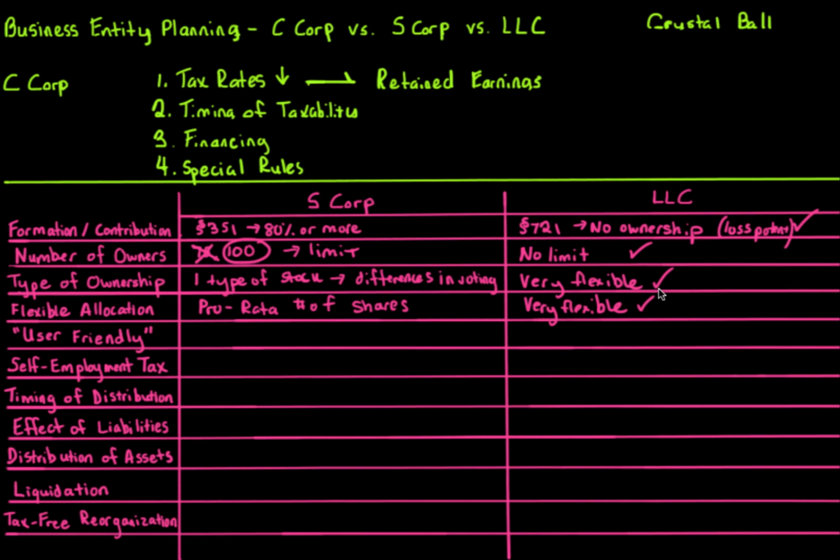And of course, on limited liability, in an LLC all owners have limited liability. If you had a general partnership, that becomes an issue. By the way, C corp, S corp, LLC have all levels of limited liability. Now, whether one has more limited liability than others, that's another issue.